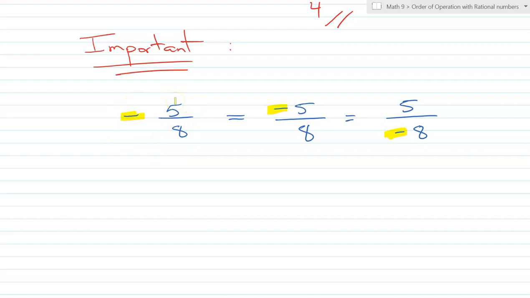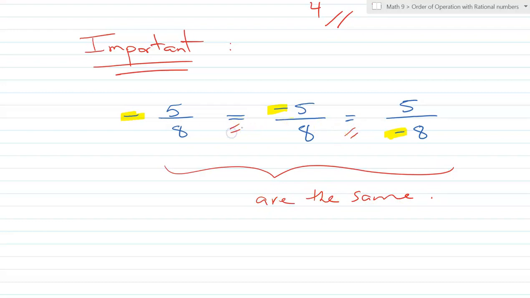Or you can have negative in front of the 5, negative 5 over 8. That's the same value. Or you could have the 8 become negative 8, 5 over negative 8. They are all the same. All of these are the same, as I have put an equal sign between them. Okay, so make sure that you know this. All right, practice time.